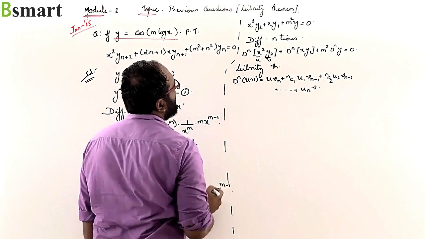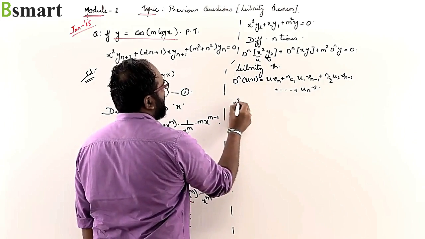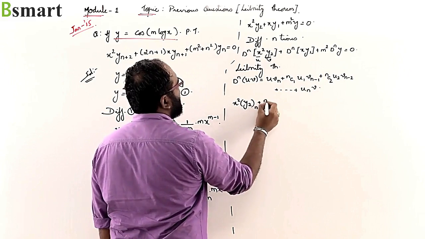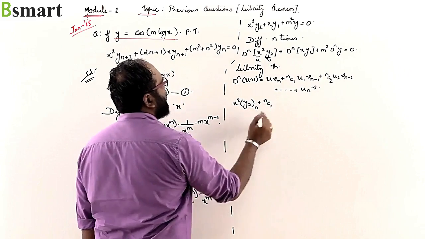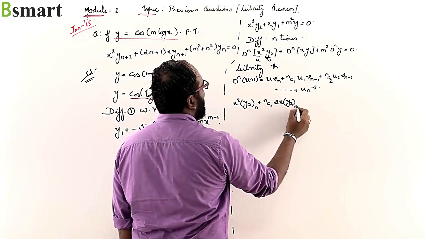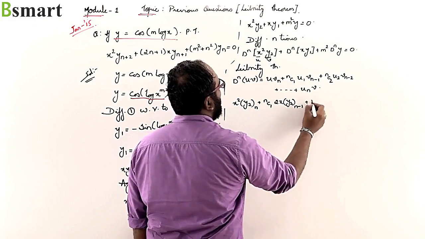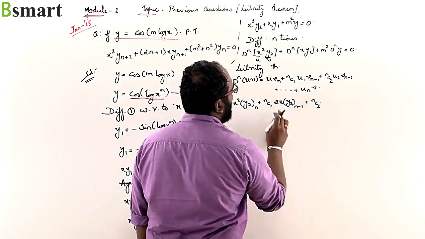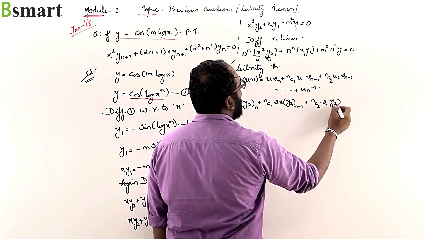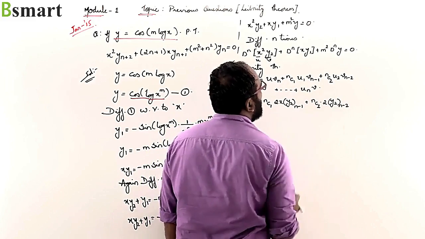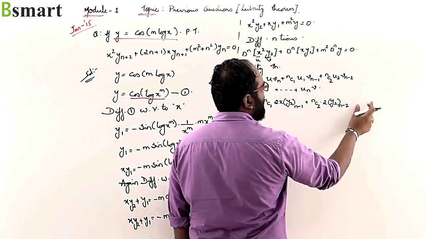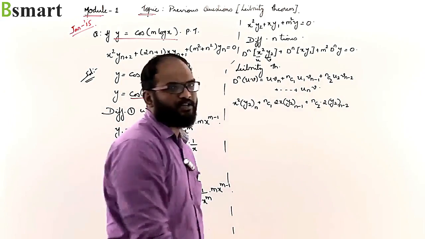y2 as v. So then that is x square into y2 of nth derivative plus nc1 into derivative of x square, that is 2x, into y2 of n minus 1th derivative plus nc2 into derivative of 2x, that is 2, into y2 of n minus 2nd derivative plus, if we go further, derivative of 2 is 0, so the remaining terms will become 0.